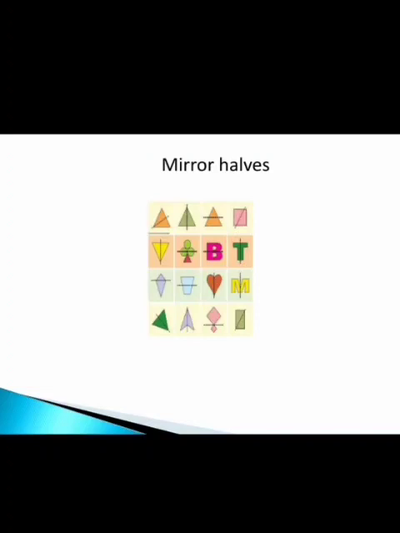See, in the first 2 figures, the line divides the structure into 2 equal halves, whereas in figure 3, the line does not divide the structure into 2 equal halves. Now you will try to find out the structures which show the mirror half.